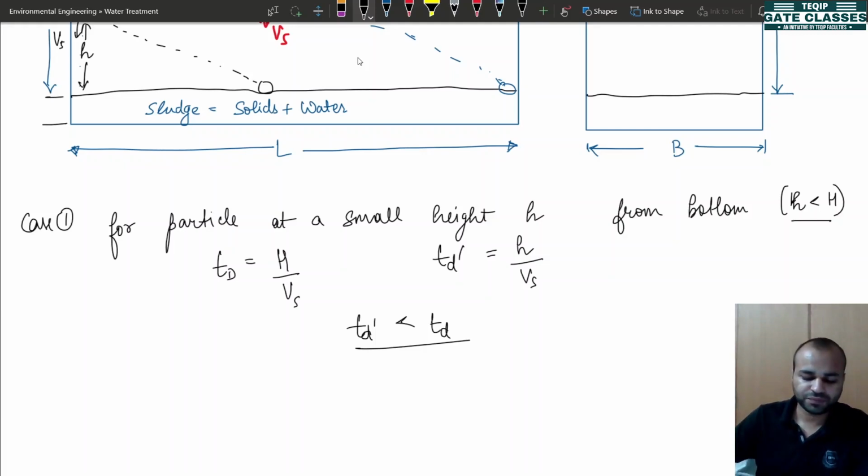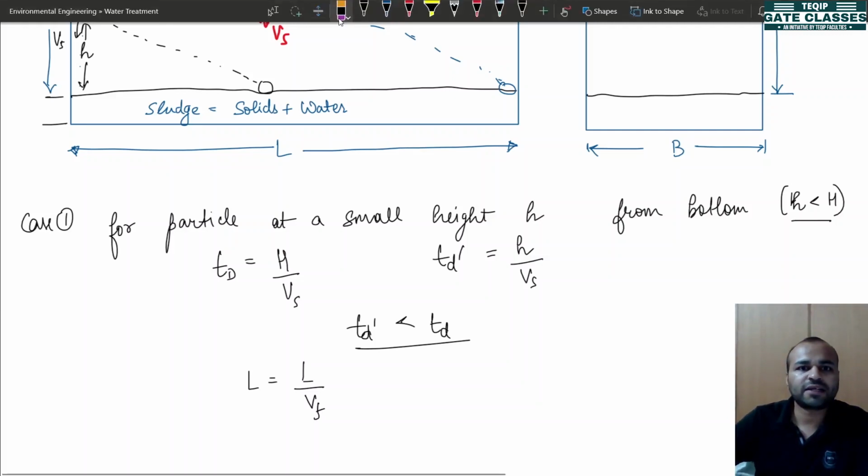Okay. Now if we consider the length here in this case, it will be L by Vf for the particle that is above. Sorry, I have written it in terms of detention time. We can write it in terms of length as well.